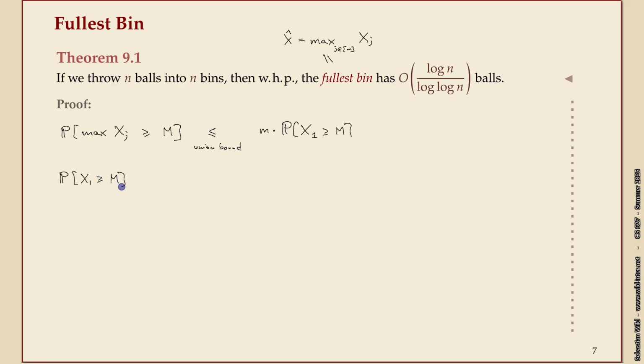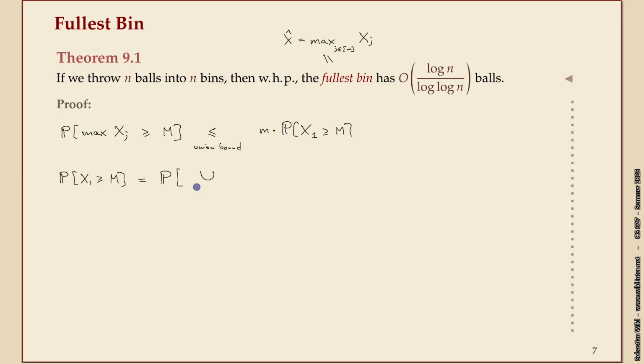And effectively, that's just a binomial distribution. But we're summing over this, so you could express it as the sum over the probability weights for the binomial distribution.